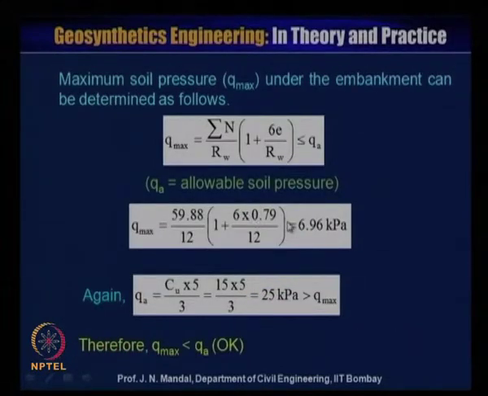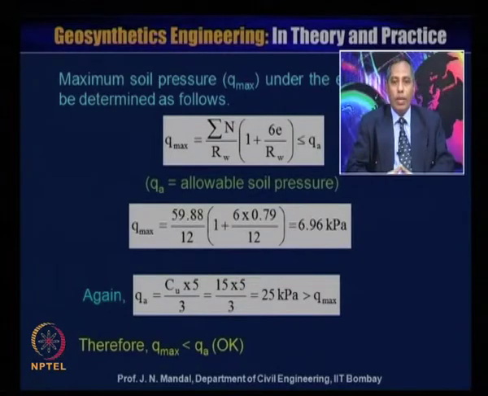So, you put 0.79, divided by RW again equal to 12. So, this will give you the maximum soil pressure Q maximum is equal to 6.96 kilopascal. Again, we know that the allowable soil pressure, Q of A, is equal to Cu into 5 divided by 3.